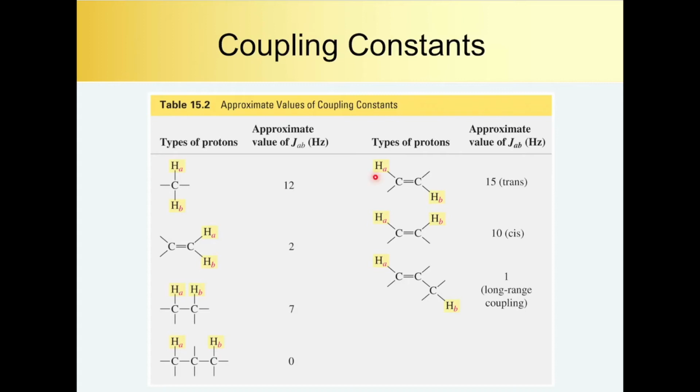For trans non-equivalent hydrogens, it's 15 Hertz, and for cis, it's 10 Hertz. For long-range coupling, it's very, very tiny, about 1 Hertz. So the coupling constant helps us determine the neighboring protons and gives an idea of which protons are coupled with each other.